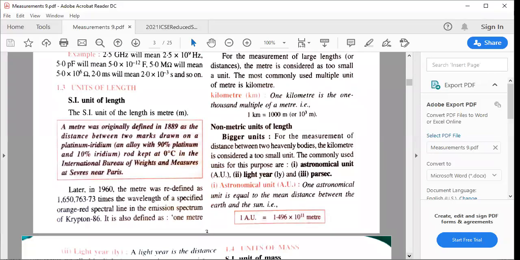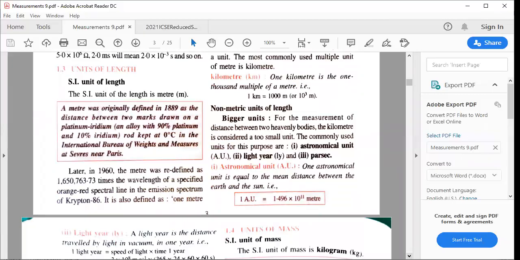Okay, but there is a conversion between that till meter. So what is one astronomical unit? क्या है? It is the mean distance, the average distance between Earth and the Sun. So कितना है ये? 1.496 into 10 raised to 11 meter. That is the one astronomical unit.